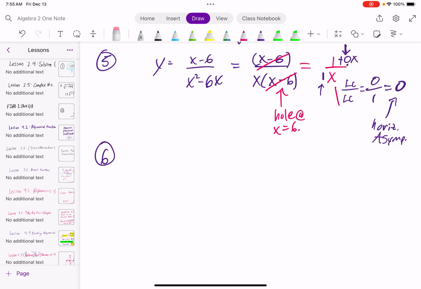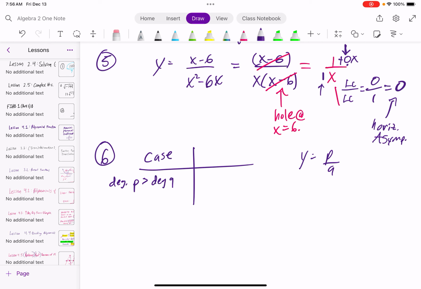Know this. I'm going to just do the case. The case is you have a function p of x over q of x, and I could just simplify as p over q. We're talking about degree. If the degree of p is greater than the degree of q, then there's no horizontal asymptote.